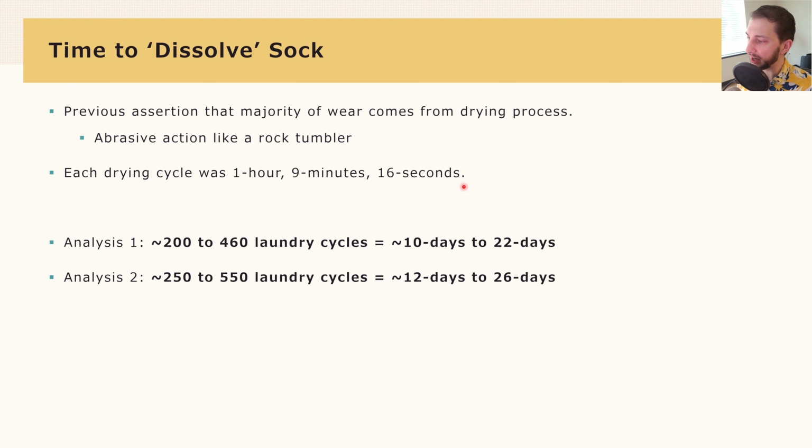So we can convert our estimates for the number of laundry cycles into a time duration in a continuously running dryer. How long would it take until these socks fall apart, dissolve, disappear? A lower bound of about 10 to 22 days, 12 to 26 days continuously. So let's say about a month, you would have no sock remaining.